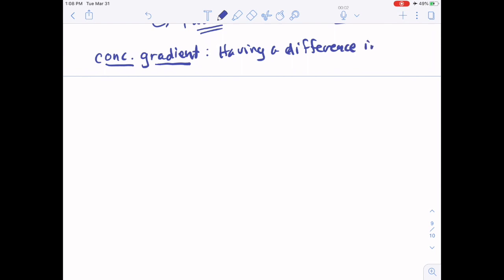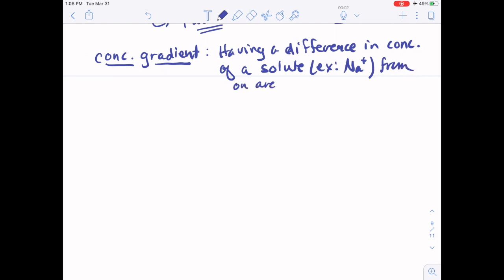Our example there was sodium. Well, we've used oxygen and other things for that too. Remember that? But they're all different kinds of gradients, and we talked about an elevation gradient.